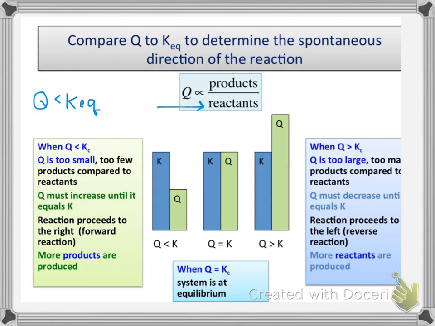So that means we have too many reactants. So that means we need to use some of those up, make more products. So the reaction is going to proceed to the right. It's going to go to products.